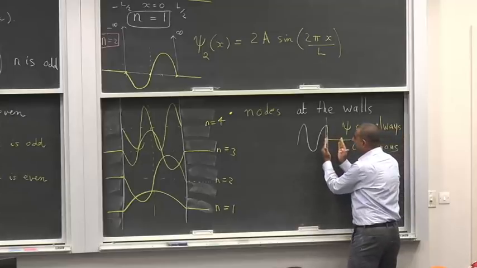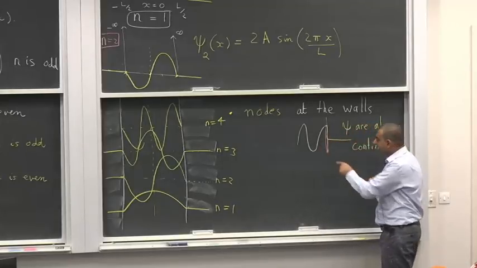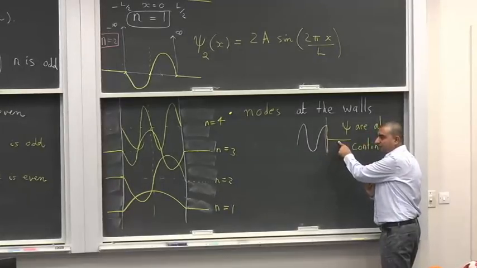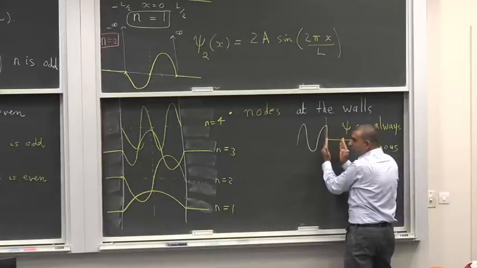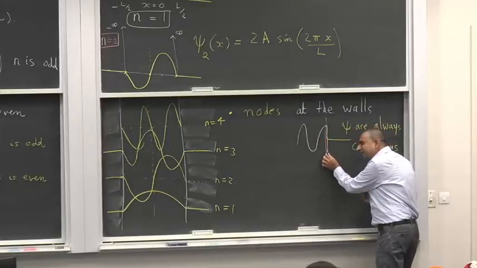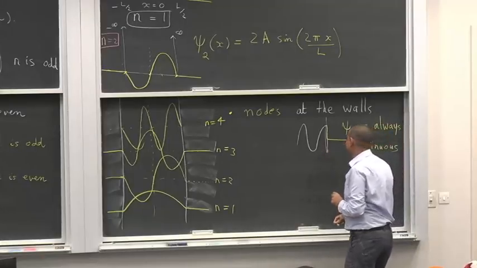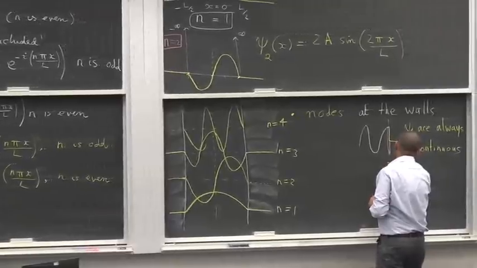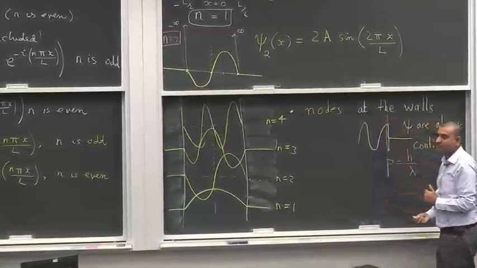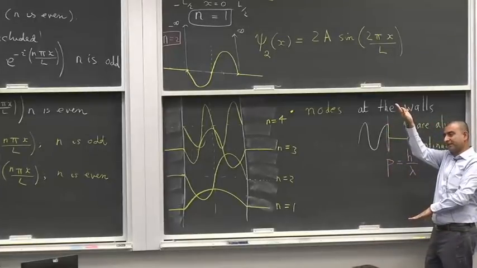And you're squeezing this in an infinitesimally small region. This new wave would make the wave go 0 here. Now you're squeezing this new wave into an infinitesimally small region, which means that the wavelength is exceedingly small. Now the wavelength is exceedingly small, p, which is h over lambda, is infinitely large. Now when this p is infinitely large, the energy goes infinitely high.